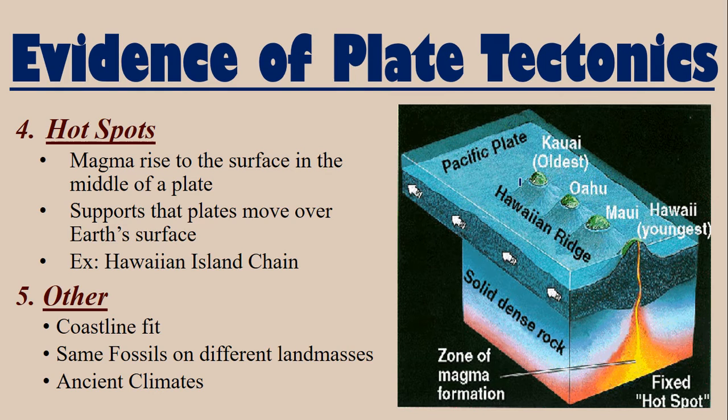But as the plate moved, that volcano moved off the fixed hotspot, so it no longer got magma to make it bigger. Hawaii is the youngest island, and it's over the hotspot now. At some point, the plate will move and a new island will form.